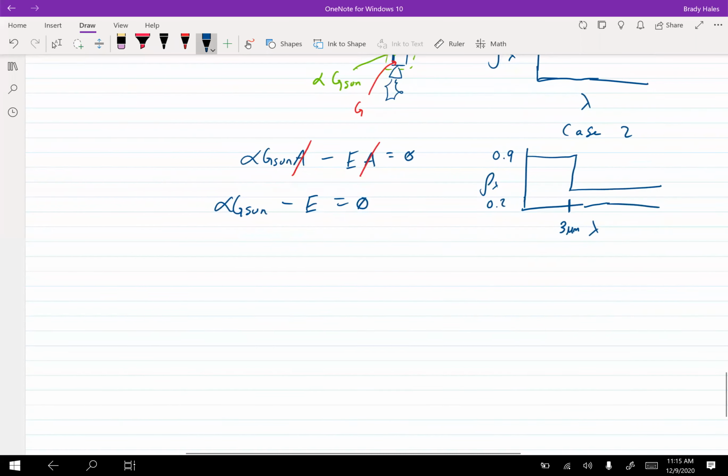Okay, so now we're still looking for a way to get some of these terms. The first one I would start with is G sun. You could start with any of the others, but I would start with G sun.